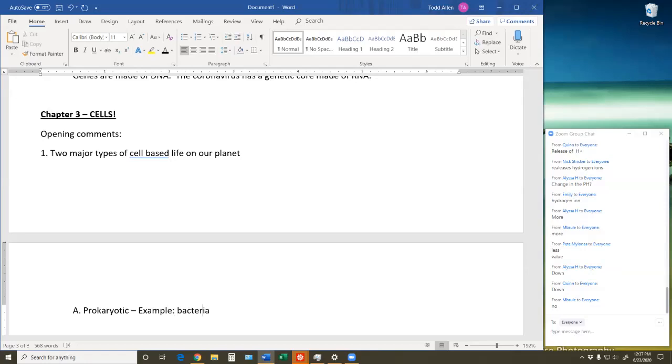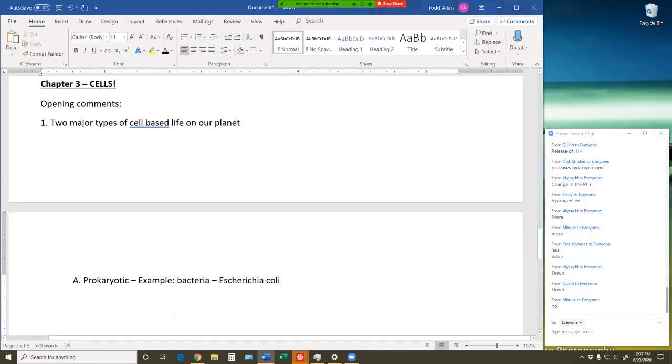A specific example of a bacterium would be Escherichia coli, which lives in your large intestine. So you should never feel lonely because it's with you all the time. And it manufactures some of the vitamins that your body cannot manufacture for itself, such as vitamin K. Now, the term prokaryote refers to no nucleus. So if you know what a nucleus is, prokaryotes don't have it.